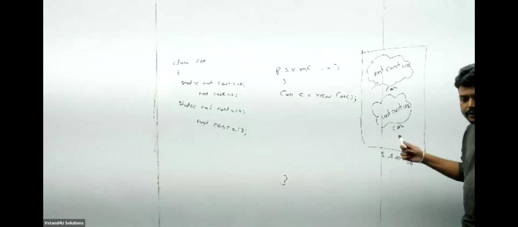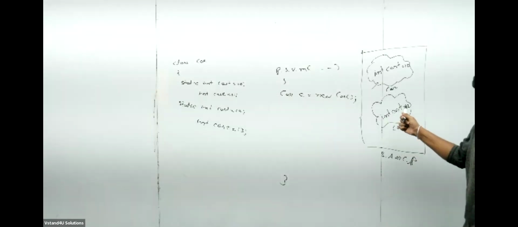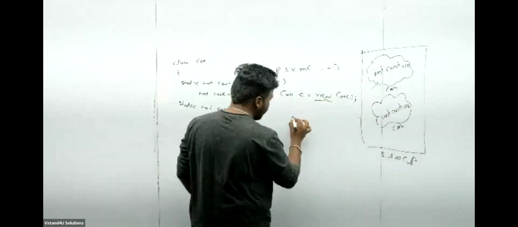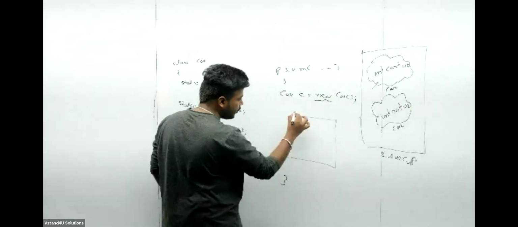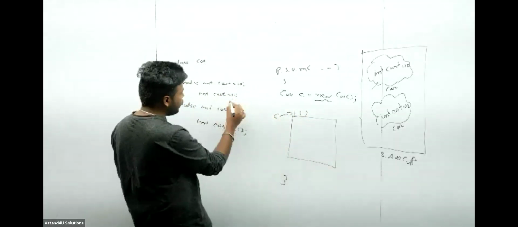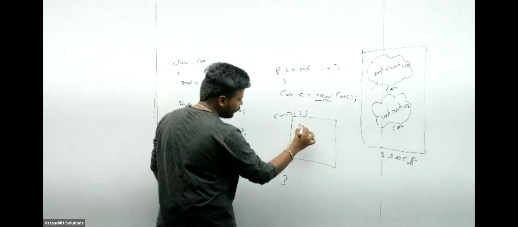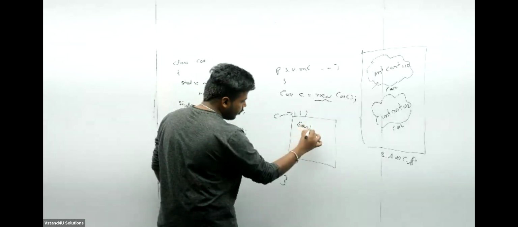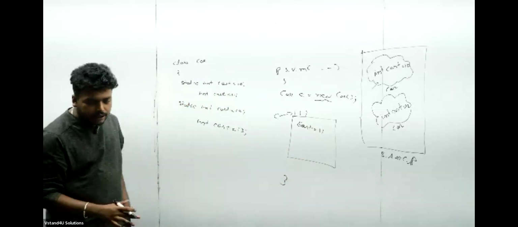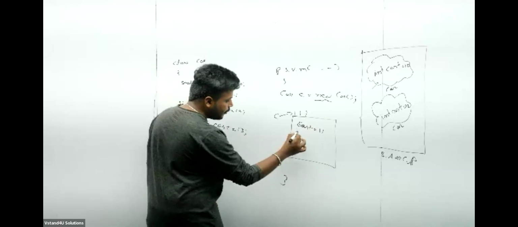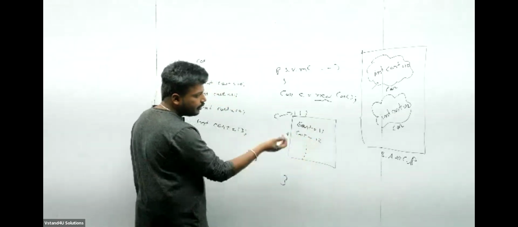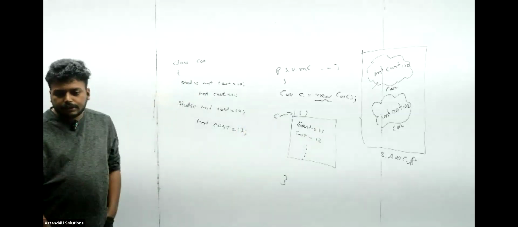For that sake, static has only one copy. In non-static, when I use the new operator it will create one memory space with a random address, pointing as c, and it will store int cost 11. But in non-static, in the same pool only it will be stored. It depends upon the objects.